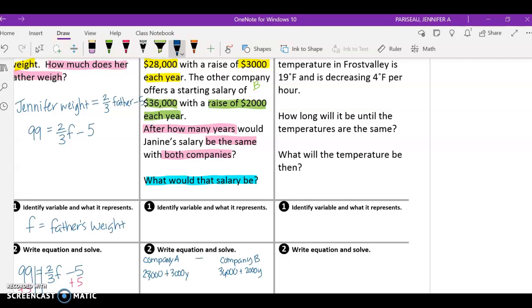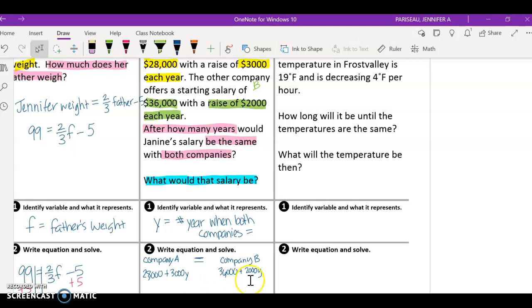So when will company A's offer be the same as company B's offer? So this variable does still represent years, but more specifically, the Y now represents number of years when both companies are equal or the same.